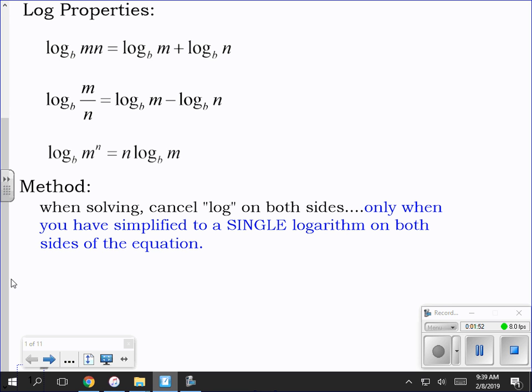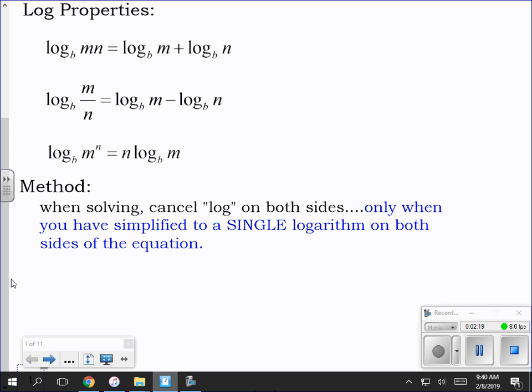If you have a logarithmic equation and you can simplify it so you have the logarithm of something equal to the logarithm of something, those two somethings have to be the same.